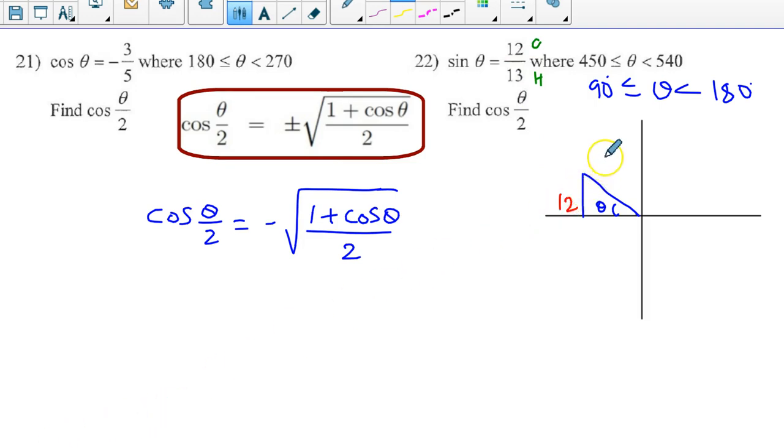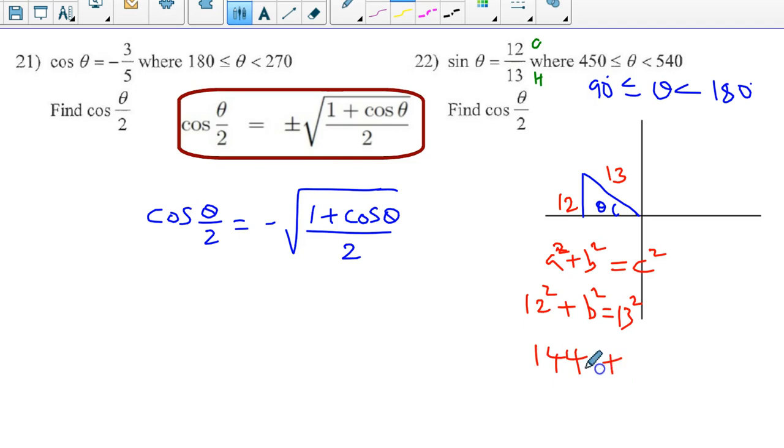And your hypotenuse is 13. Now use a square plus b square is equal to c square. So 12 square plus b square is equal to 13 square.